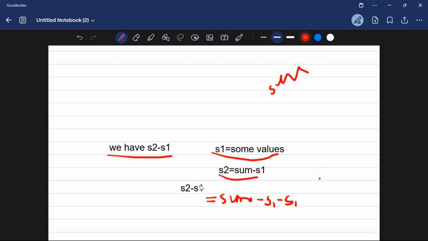Like, if I replace S2 with sum minus S1, then we get two S1. So what will we get? We will get sum minus 2S1. So we required this equation.